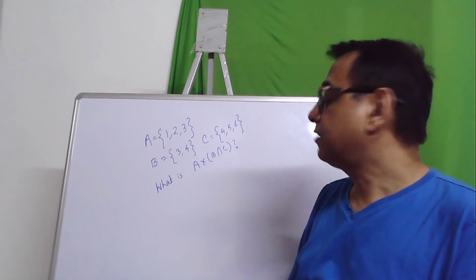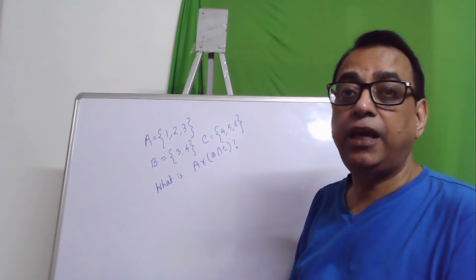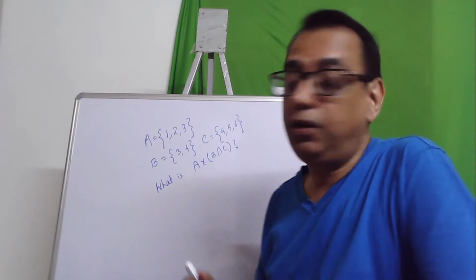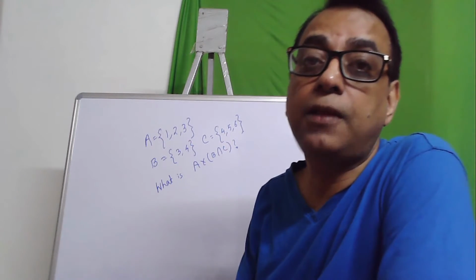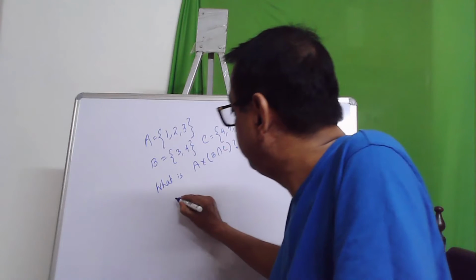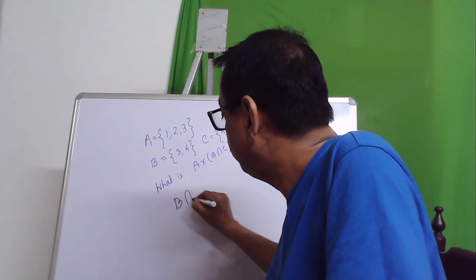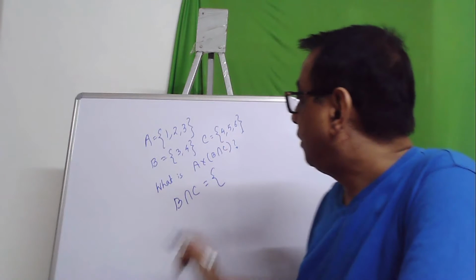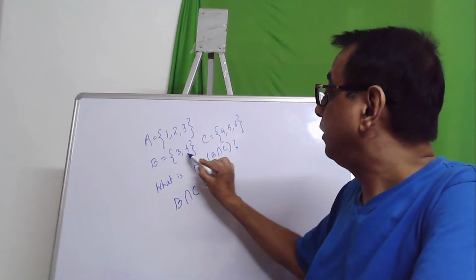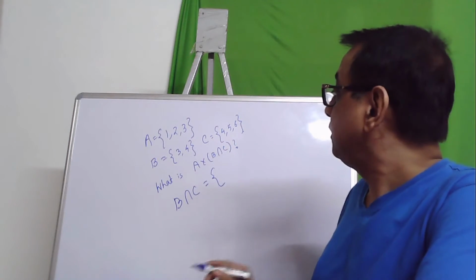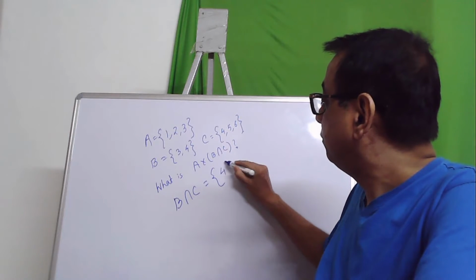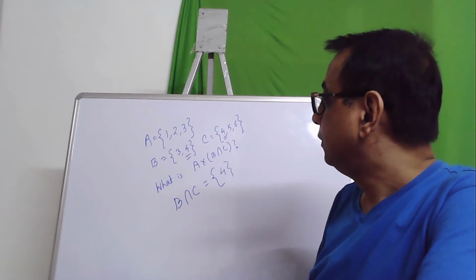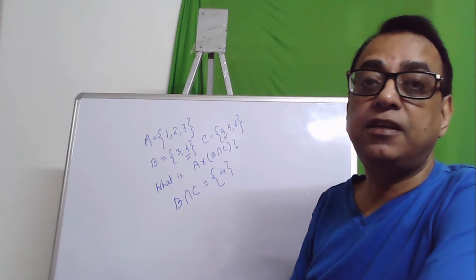Then it has been asked, find out what is A cross (B intersection C). What we will do is, first we will find out what is B intersection C. Now you can see what are the common elements between B and C. It is 4. So B intersection C is 4.